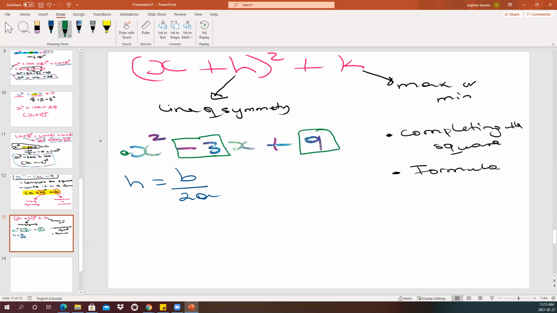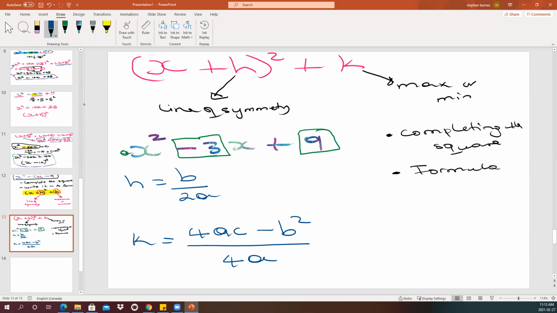And then k now, which is the value at the end here. k is given as 4ac minus b squared all over 4a. All right.